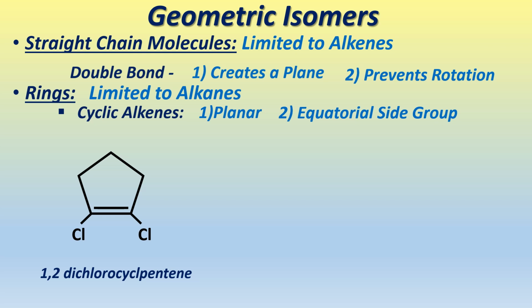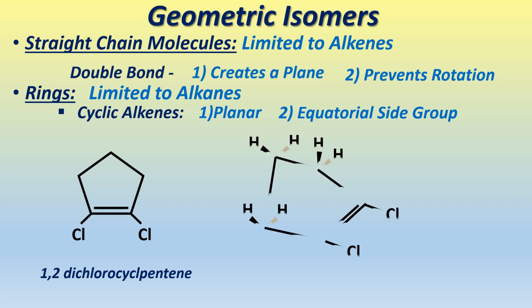If I look at 1,2-dichloropentene and look at the conformation in full, one notices that carbons 2, 3, and 4 have four substituents on them, allowing for either cis-trans relationships if there are differences.